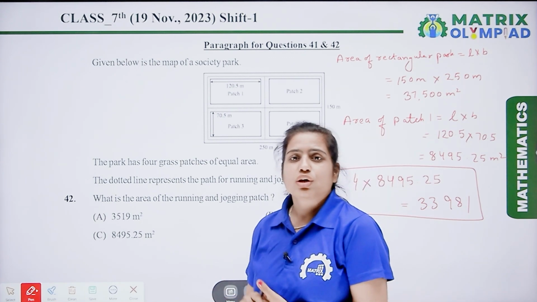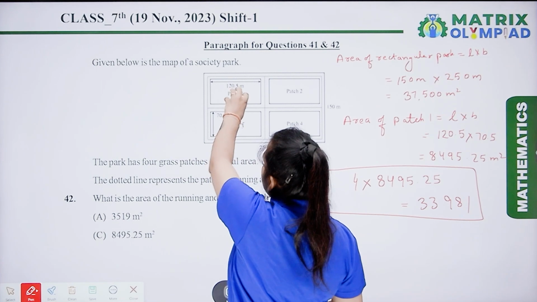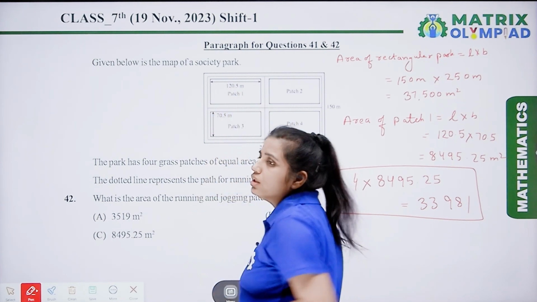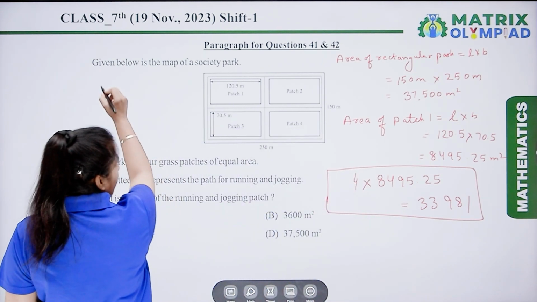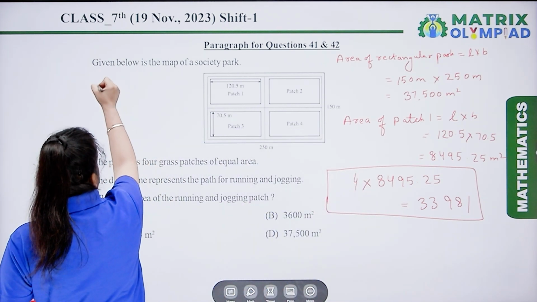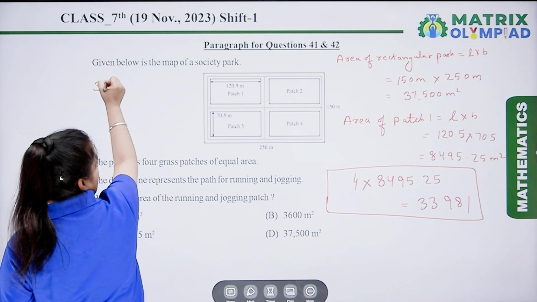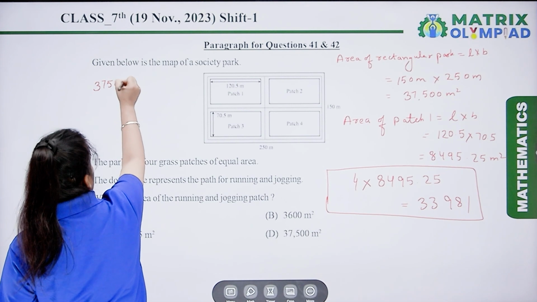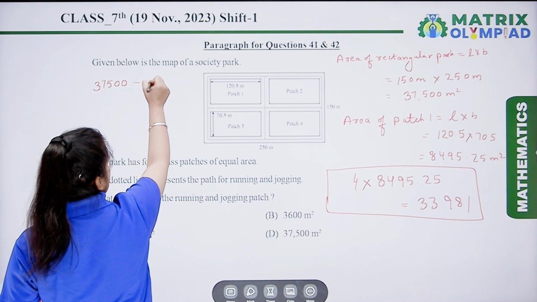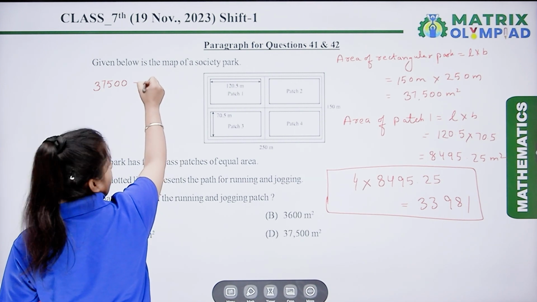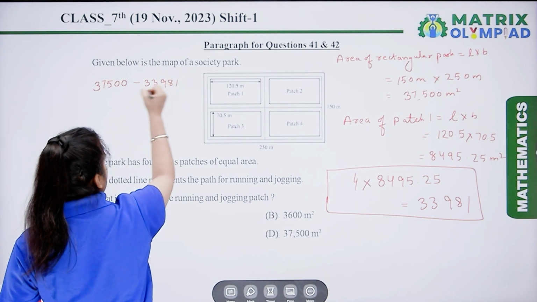Now what we are going to do? We are going to subtract the area of the 4 patches from the rectangular park. So let's subtract it. Here the area of the rectangular park is 37,500 minus 33,981.